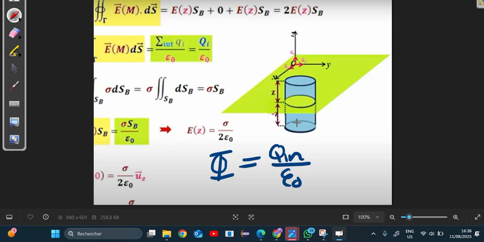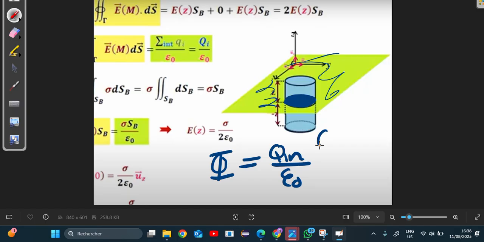So we use theorem de Gauss. For now you know that if you put a cylinder on the plan infini, this is the charge that will be inside. The charge outside you don't consider, because the charge outside will give us 0. Gauss said that if there's a charge outside and a charge inside, the only charge that counts is the charge inside.